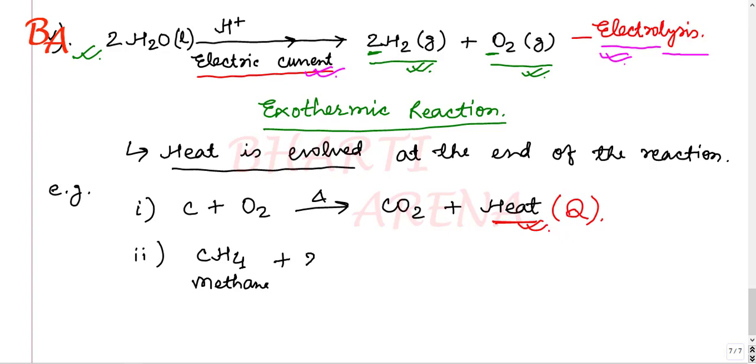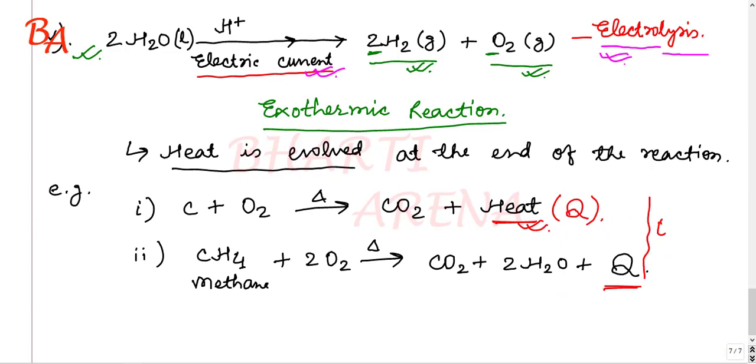When burnt in air, it will produce carbon dioxide plus water and of course a large amount of heat. So due to the production of heat at the end of the reaction, such reactions are known as exothermic reactions.